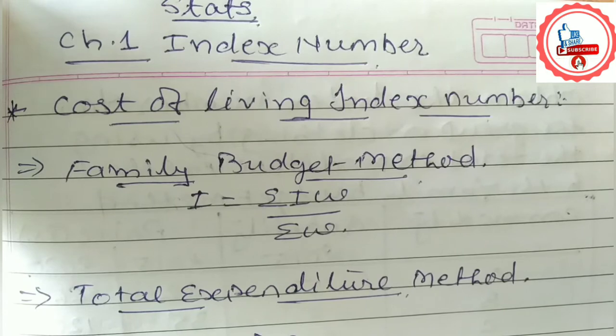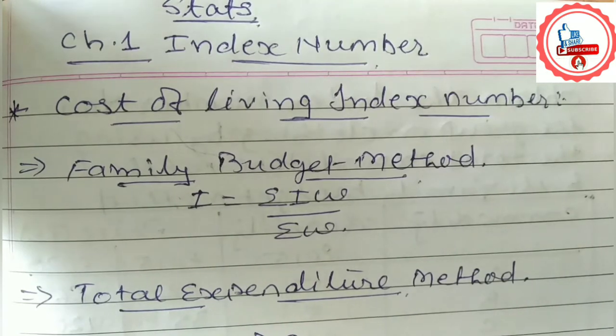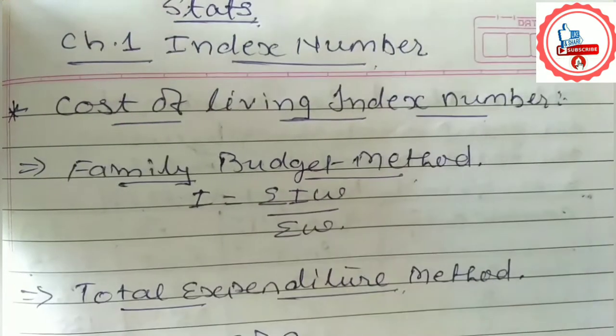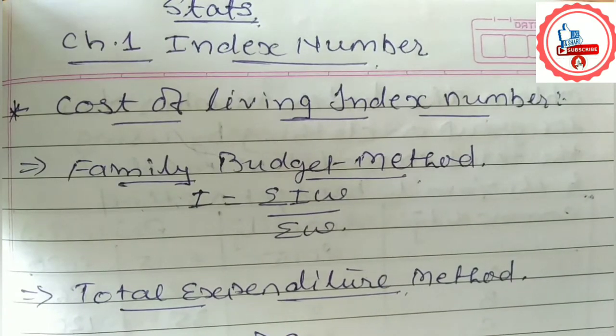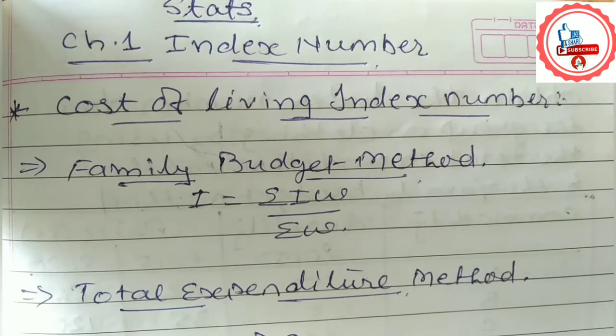By means of such index numbers, a comparative study of the living standard of different classes of people in different regions becomes possible. Now, what do you mean by the family budget method? A random sample consisting of some families from the class of people for which the cost of living index number is to be constructed is taken.